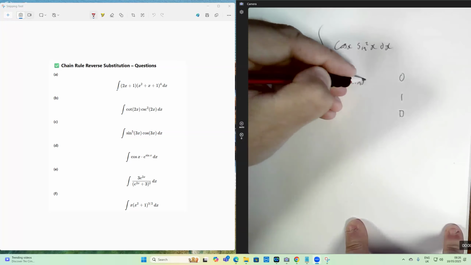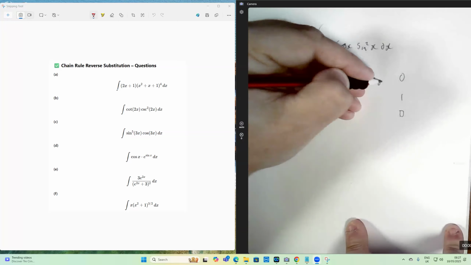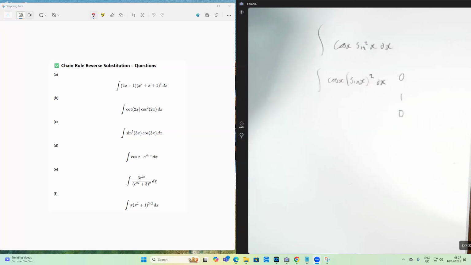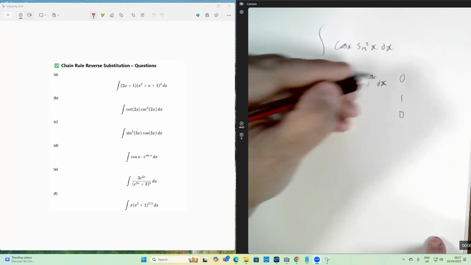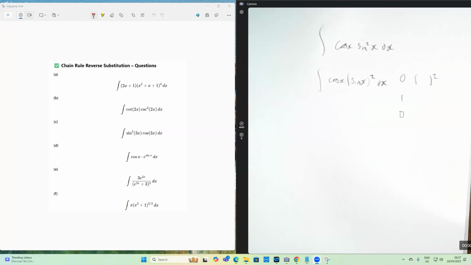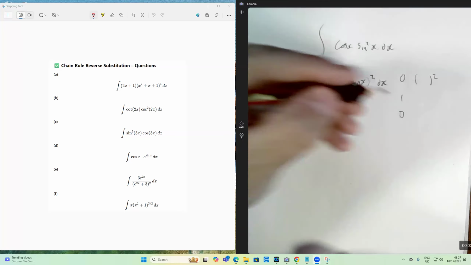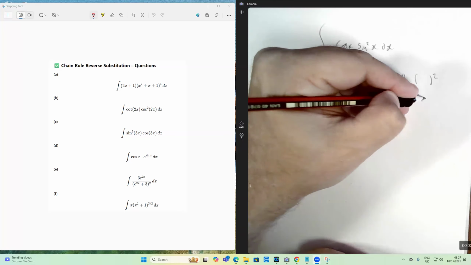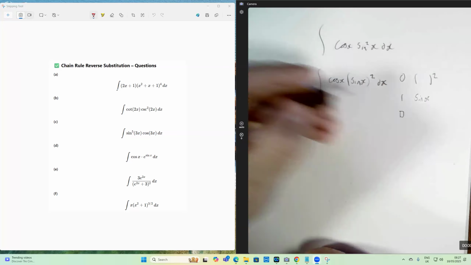So I'm going to rewrite this as cos x sin² x. In this case, the outer is the something squared. The inner is the sin x. And the derivative of sine is cos.